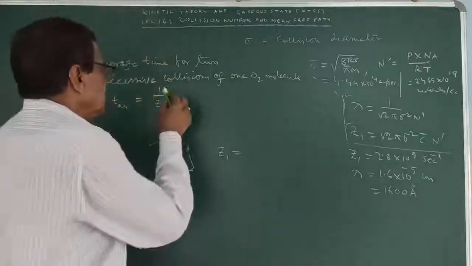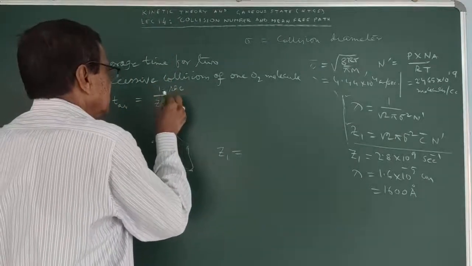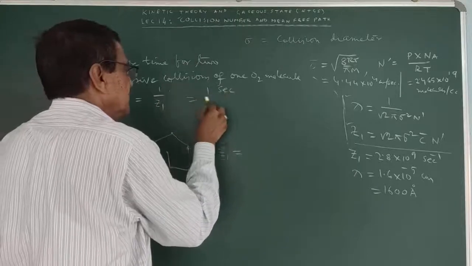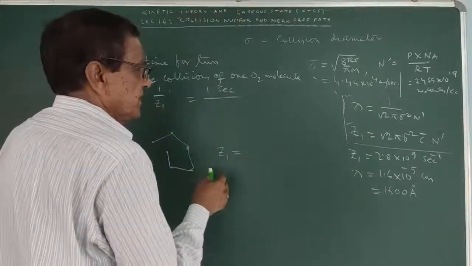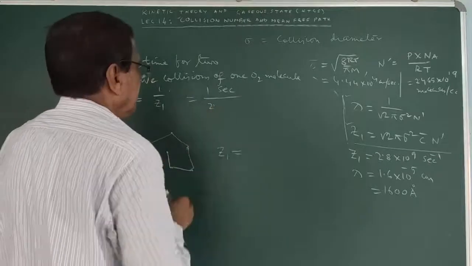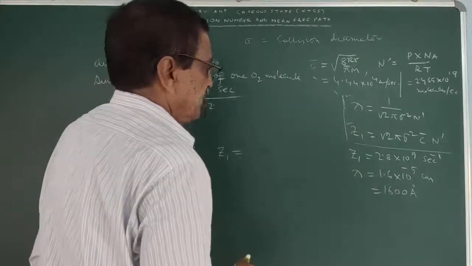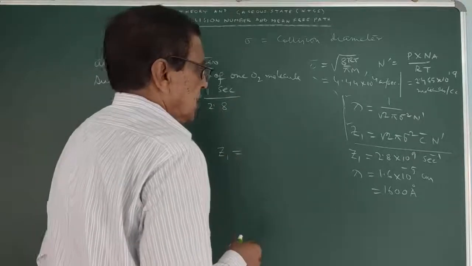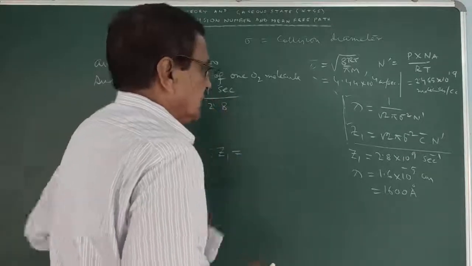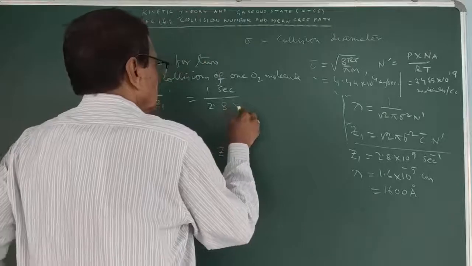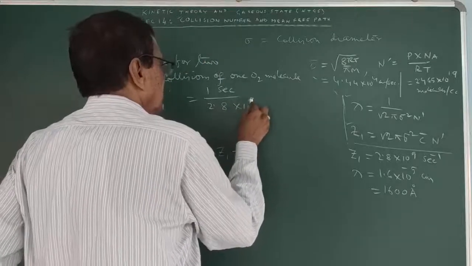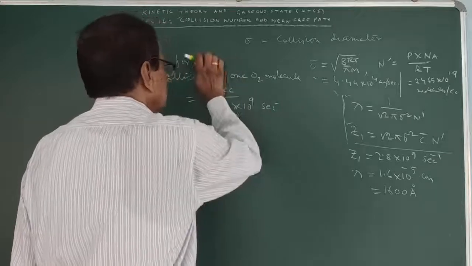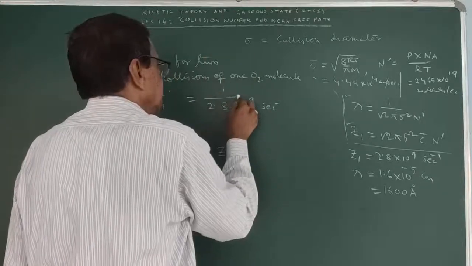So this is 1 second by Z1, where Z1 equals 2.8 into 10 to the power 9 second inverse.